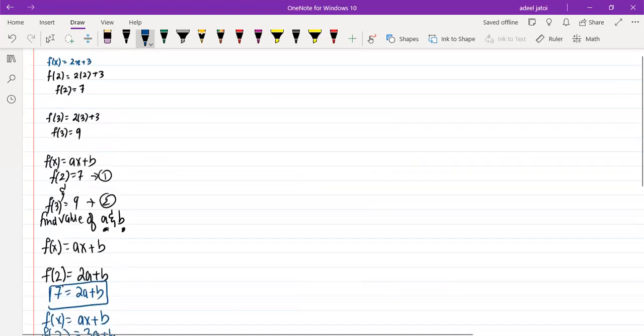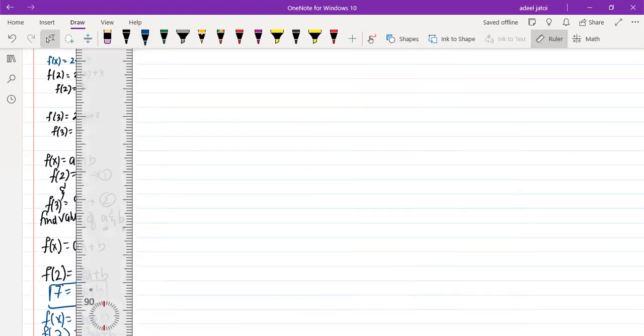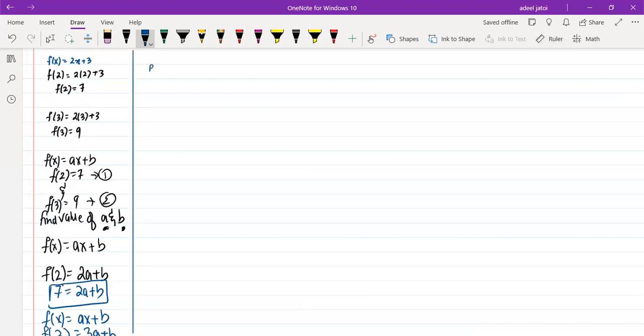Now, do you have two equations? When we have two equations, we can write them down to solve them. f(x) is equal to ax plus b was the original form. We got to know 7 is equal to 2a plus b, and 9 is equal to 3a plus b.